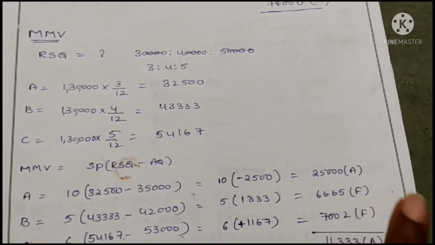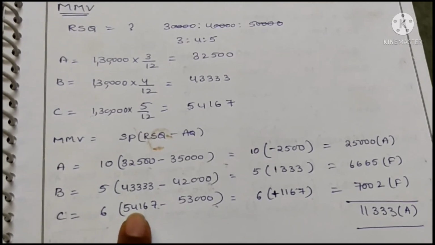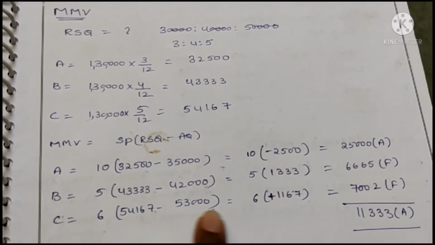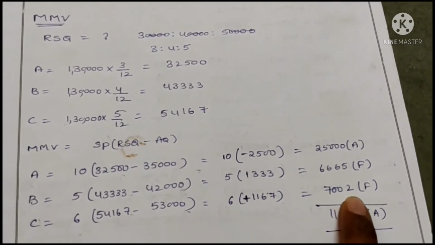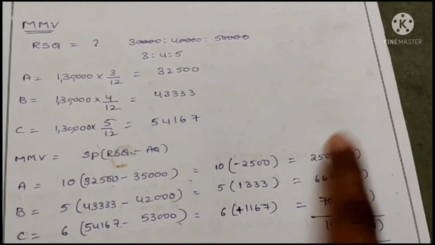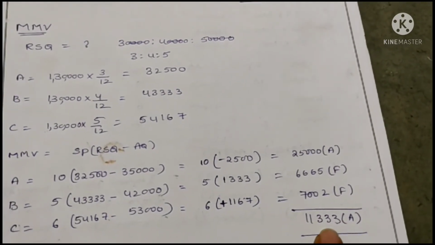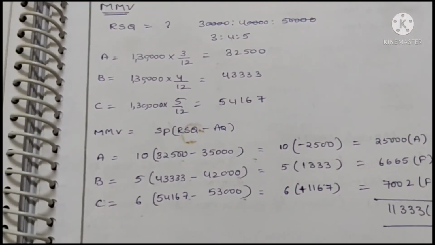So 6,665 favorable. Next, C is equal to 6 into RSQ, which is 54,167 minus 53,000. So 6 into 1,167. So 7,002. So 2 we got in favorable and 1 is in adverse. Add these 2 and minus 25,000. So 11,333 will be the adverse answer. Okay. So this is the 14th question.